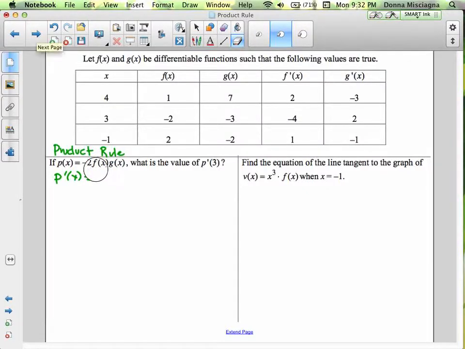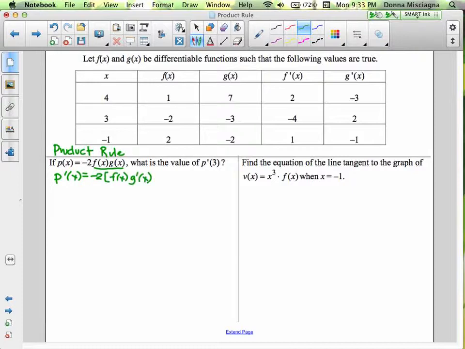Instead, let's just use the product rule for that part. All right, so we have equals negative 2 times, all right, so we have f of x times the derivative g of x plus g of x times the derivative of f of x.